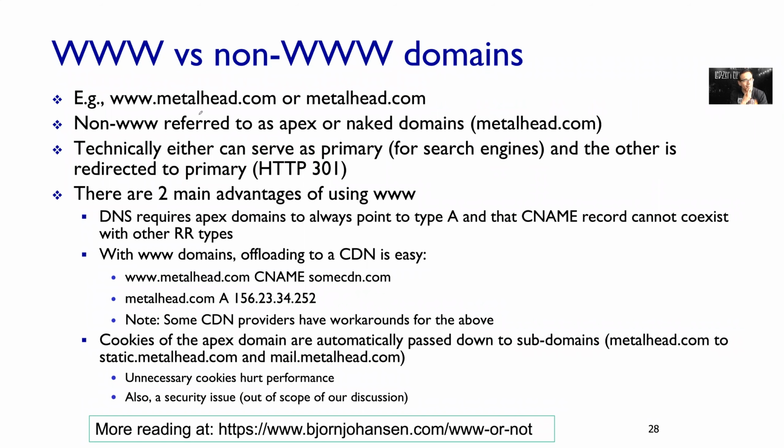This is what's referred to as a naked domain or an Apex domain. So that's right at the top in terms of the hierarchy of that naming system. And underneath metalheads, you could have, say, www, you could have smtp.metalhead.com, you could have ftp.metalhead.com, and so on and so forth, right?